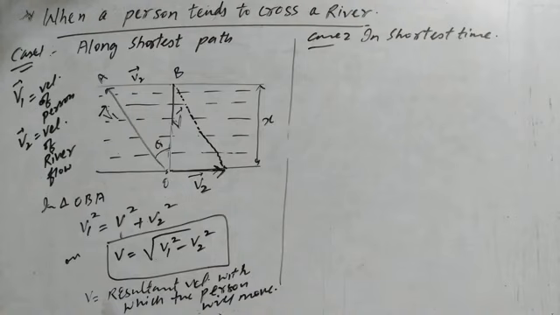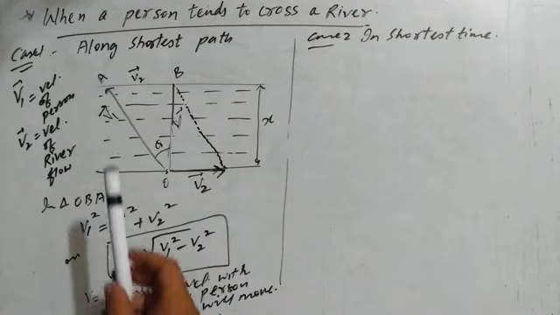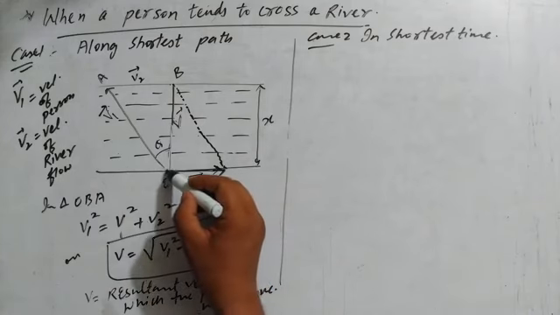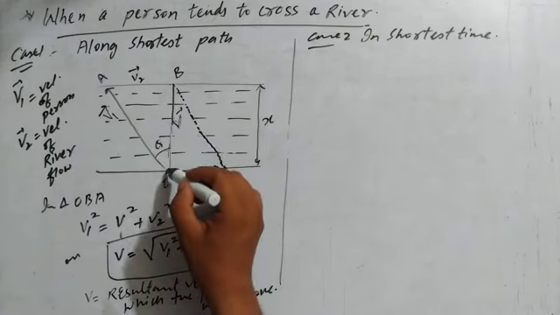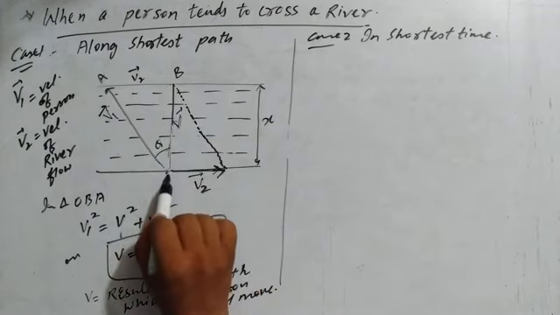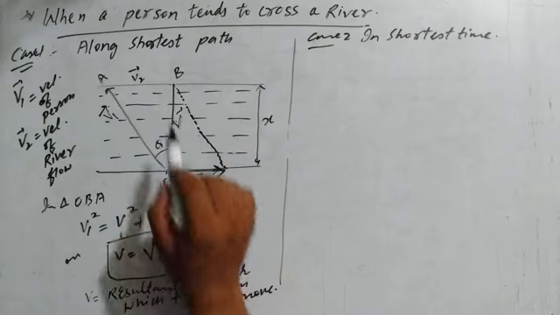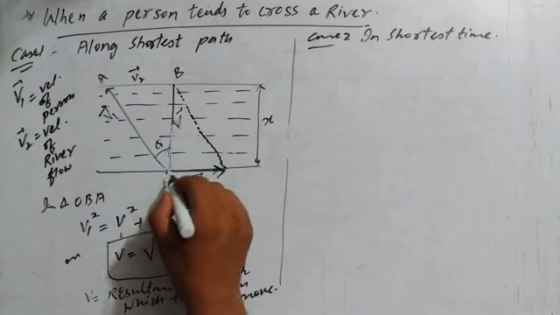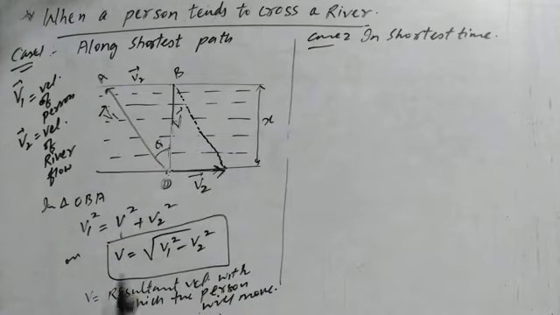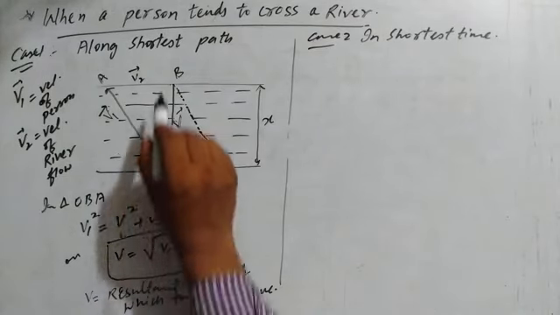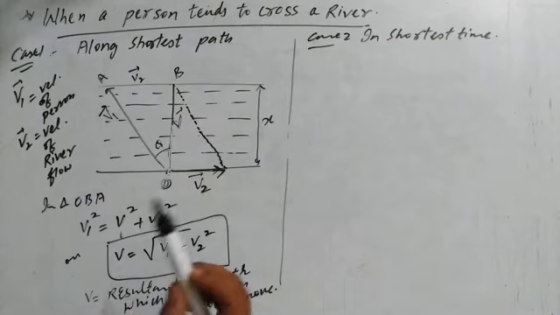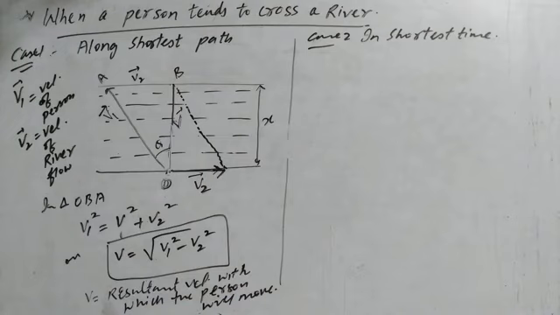So first of all, we will do the first case. The person wants to cross a river along the shortest path, and the shortest path to cross this river is a perpendicular gap between its two ends. So we can represent the shortest path by OB, point O to B. The person should finally move along OB. So in which direction should he move?